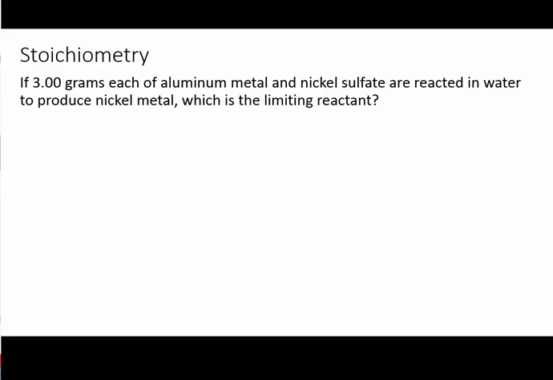So, if we're going from one chemical species to another, and if you read this problem, that's exactly what's happening, you have to figure out the balanced equation to get the molar ratio in order to convert from one chemical species to another. But to find a limiting reactant, we have to do two different stoichiometry problems. Now, there's a lot of ways to do that.